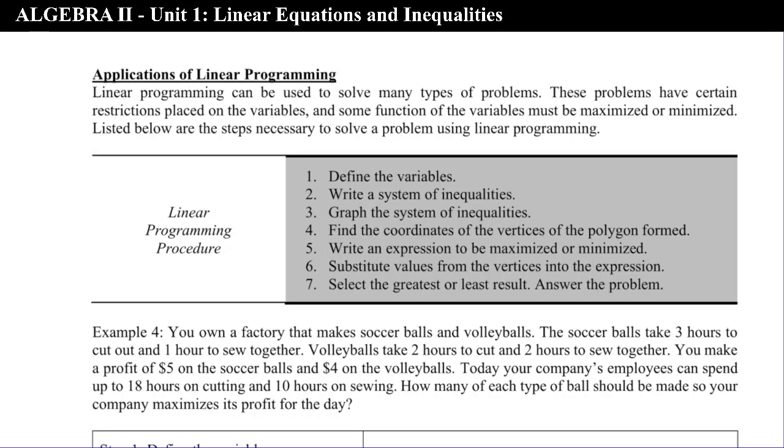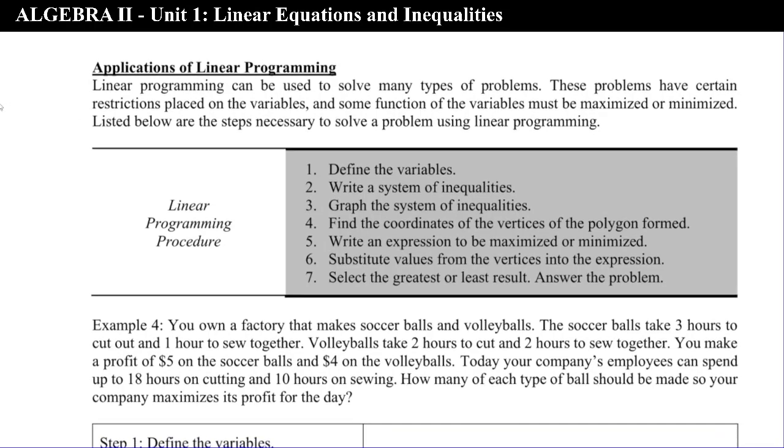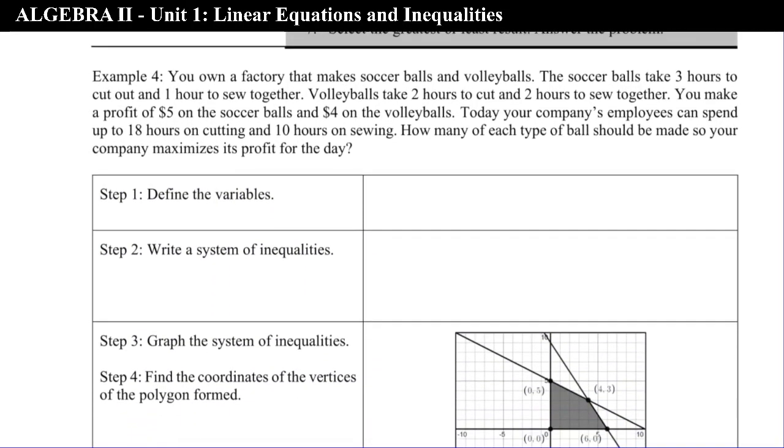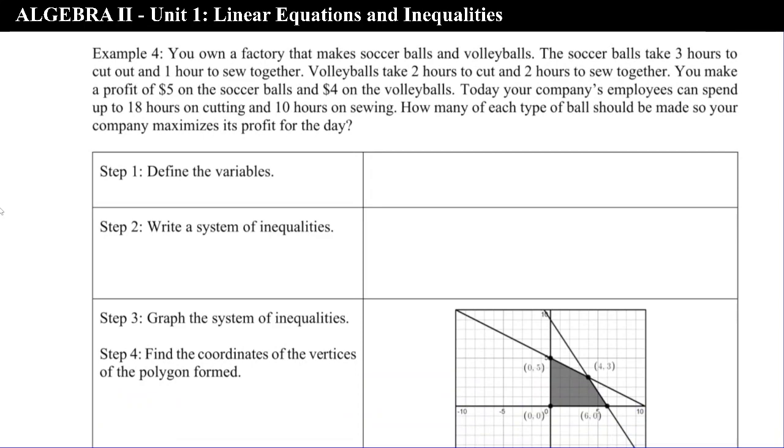Once you have that objective function, substitute the values from the vertices into the expression, and then find your greatest or least result, whichever the problem is asking for. Okay, so that's the procedure. Let's talk about how to do these problems specifically. Okay, so here's an example, and I've kind of listed these steps in a table format so we can walk through them. So let's read the example first.